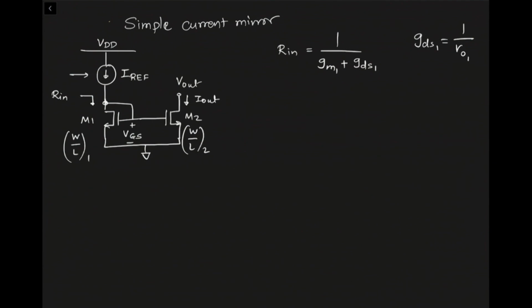Many times when you are dealing with conductances, if two resistances are in parallel, it is easy to analyze them as a summation of two conductances. But when two resistances are in series, we add the two resistances R1 plus R2. If the two conductances are in parallel, then we can add the two conductances G1 and G2.